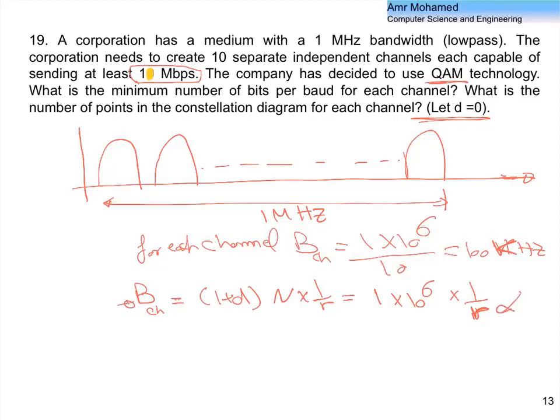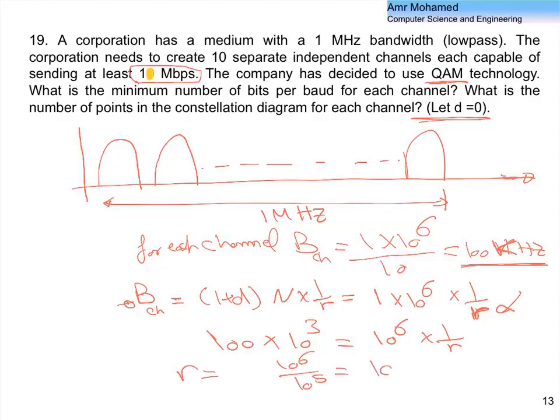So here the bandwidth per channel is 100 kilohertz, so 100 times 10 to the power 3 equals 10 to the power 6 times 1 over R. So obviously R here equals 10 to the power 6 divided by 10 to the power 5, so that's 10.